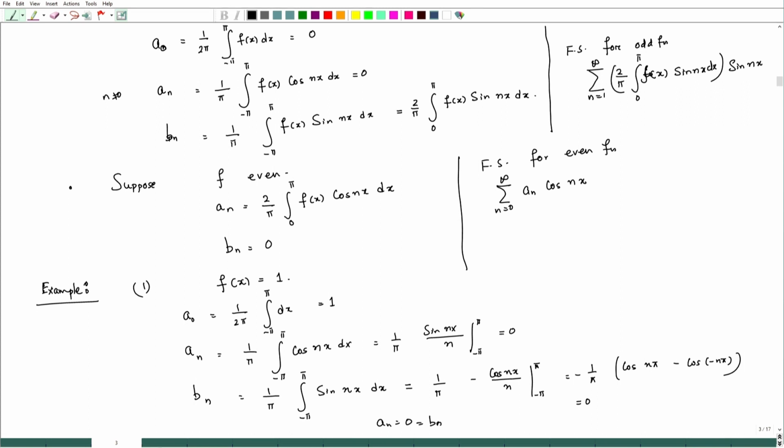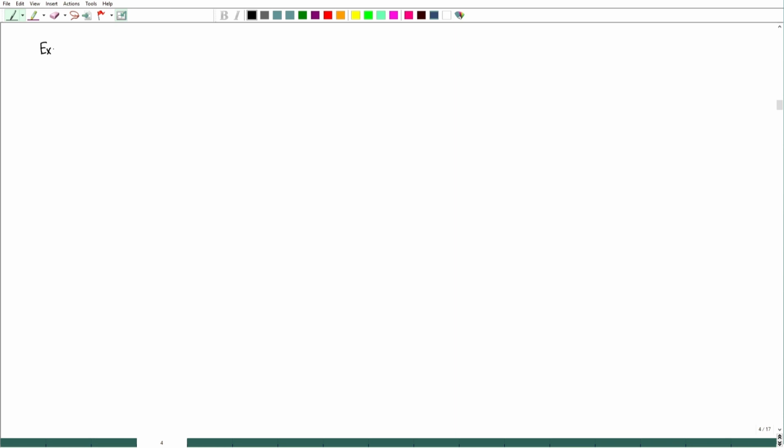Okay. So, now example 2. Let f be a 2 pi periodic function, and f(x) is defined to be x on 0 to 2 pi. At 2 pi again it is going to take the value 0.